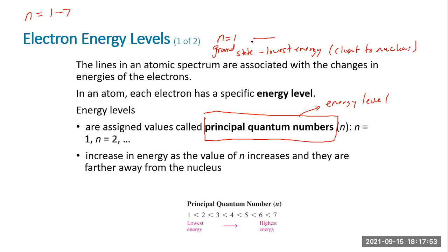Anything above that, like N equals 2, N equals 3, N equals 2 through 7, these are what are referred to as excited states. They are further away from the nucleus. As you go from 2 to 3 to 4 to 5, those electrons are farther away from the nucleus, and again, they're referred to as excited states.